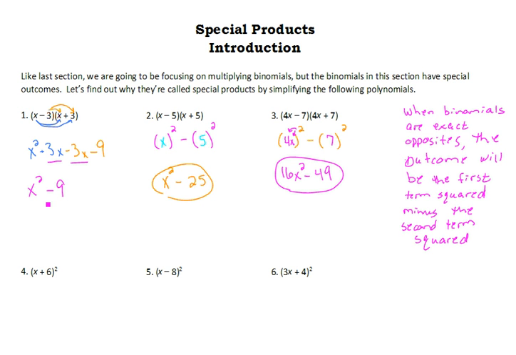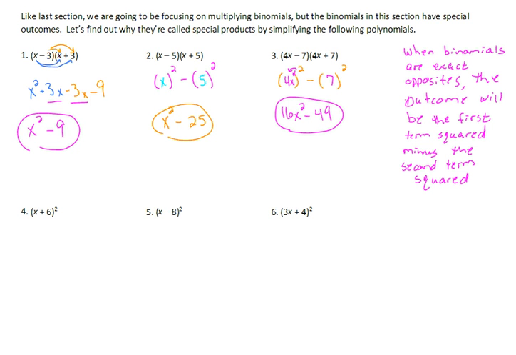Now let's look at how 4 through 6 are a little bit different. Here we have x plus 6 squared. Okay, so what does that mean? Well, we understand that when we're squaring something, that's 2 factors of that product. So x squared would be x times x. x plus 6 squared would be x plus 6 times x plus 6.